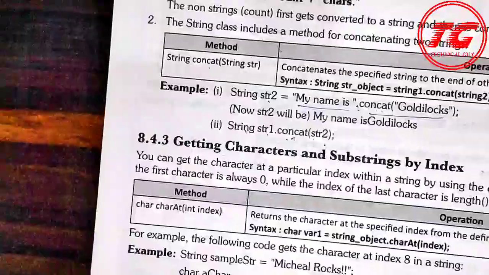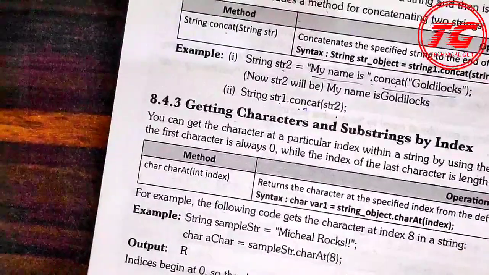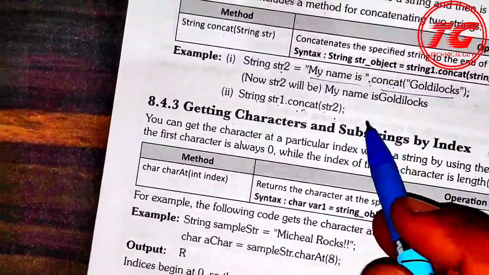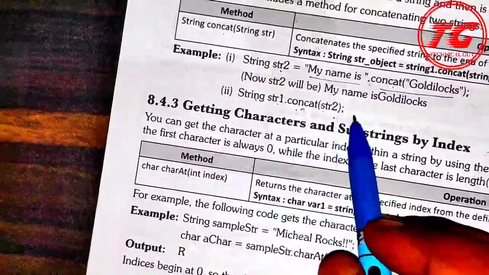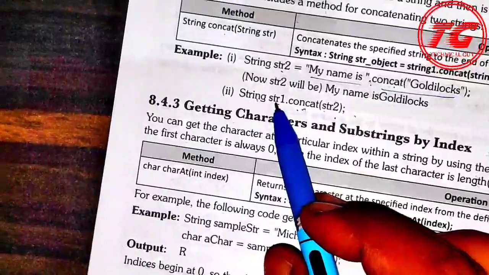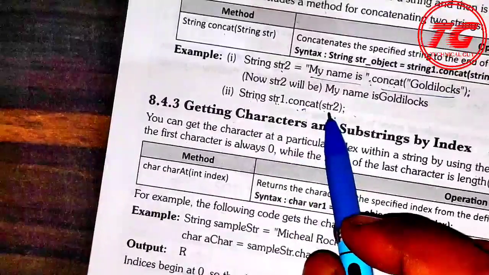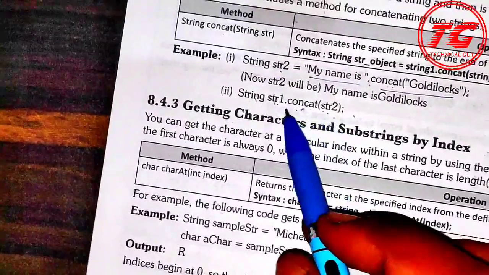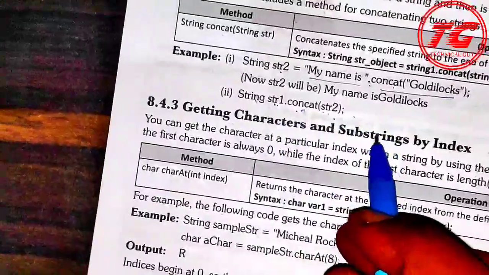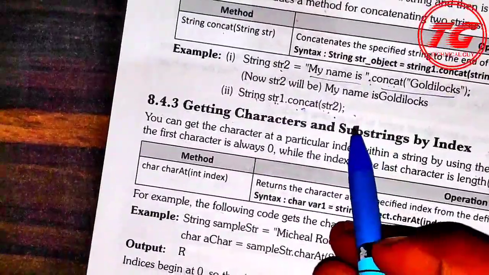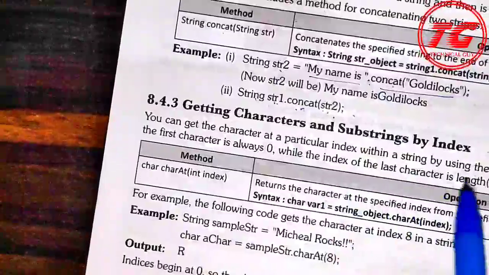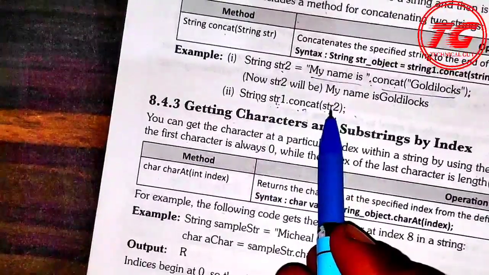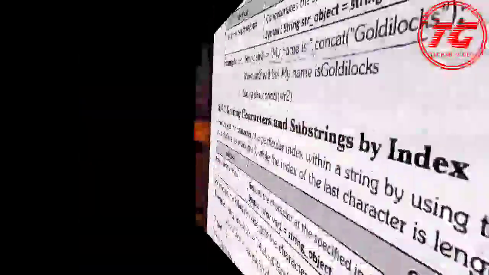So this is called chaining. In chaining format you can also use this concat method, or you can use it with two string objects. One is the invoking string object and the second is the string object given as an argument. Then these two will be merged or joined together. So str1 will have the contents of str2 also.